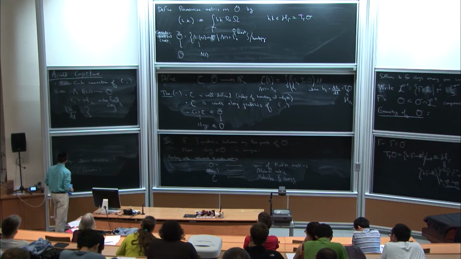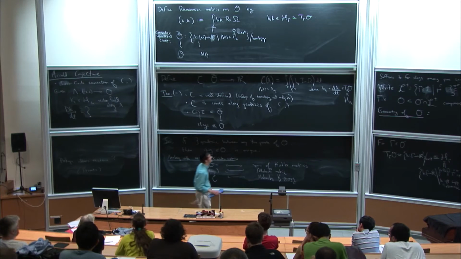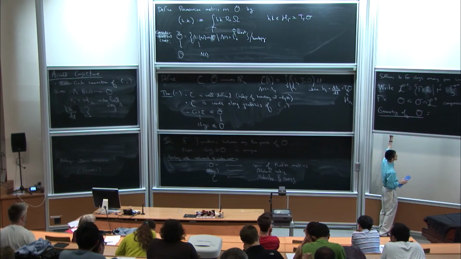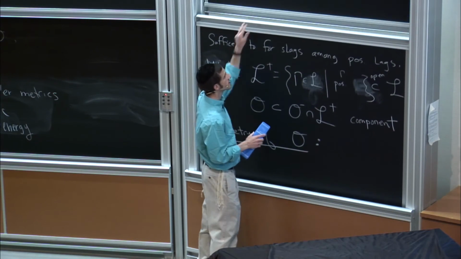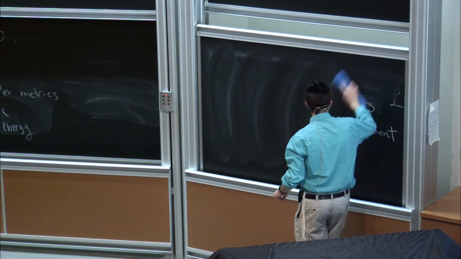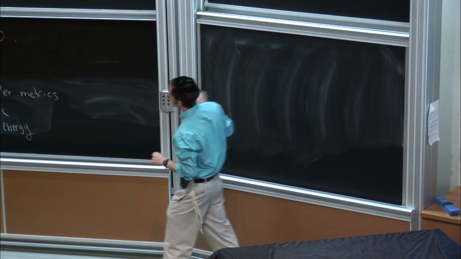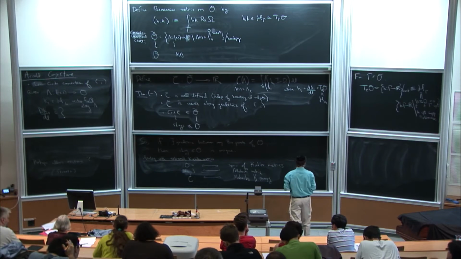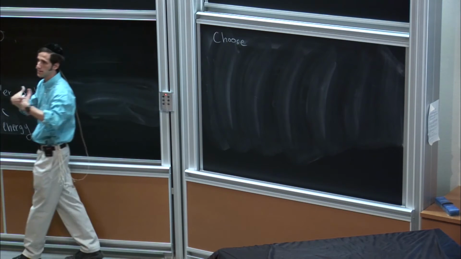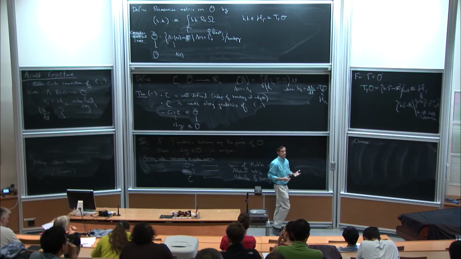Right. So to make things more concrete, we have this family of Lagrangian submanifolds which moves around inside of X. Now we have to compare functions on the different Lagrangian submanifolds.